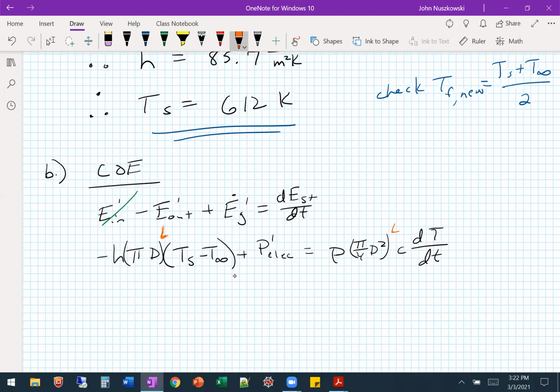We said transient, right? So we left this term in on the right. What have we done that has transient analysis? Chapter 7 is just getting the convection coefficient. So the analysis we've done before.